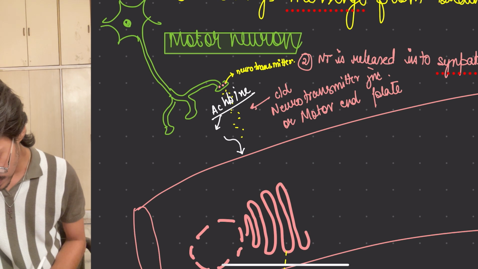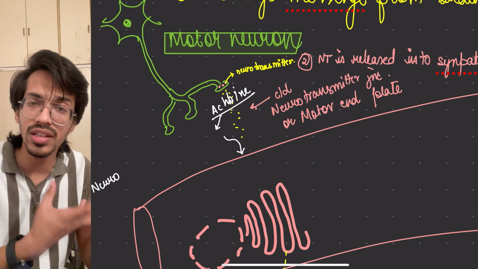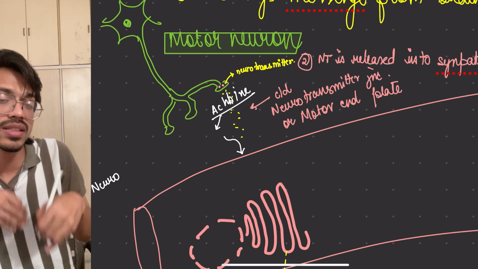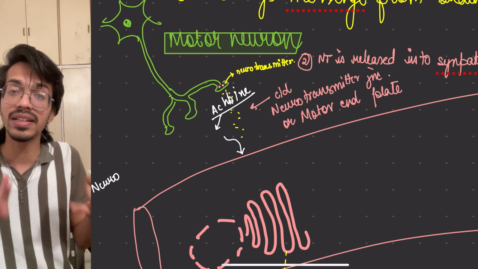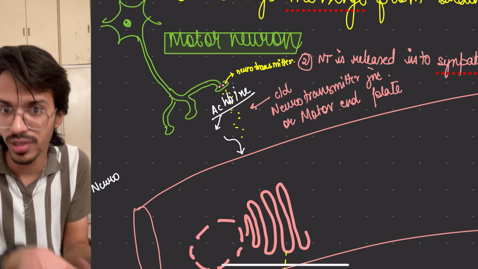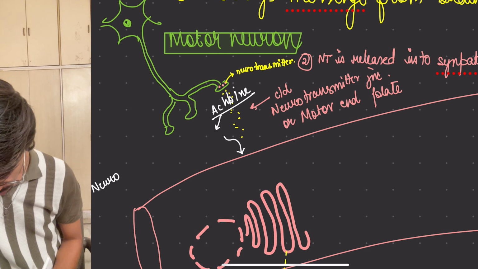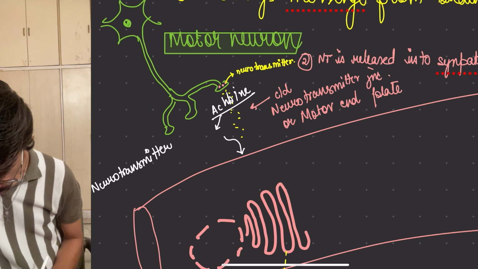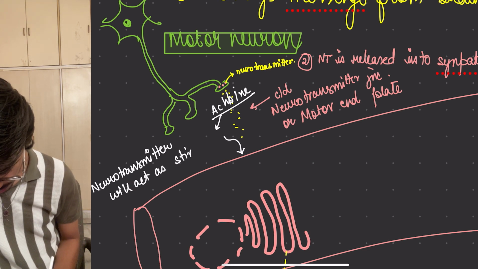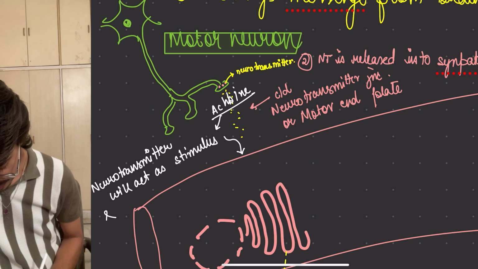So the third step would be: the neurotransmitter, whether it is excitatory or inhibitory, and since acetylcholine is excitatory, it will do the function, not stop the function. So the neurotransmitter will act as a stimulus and generate an action potential.